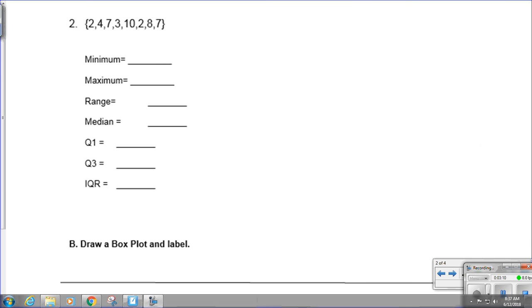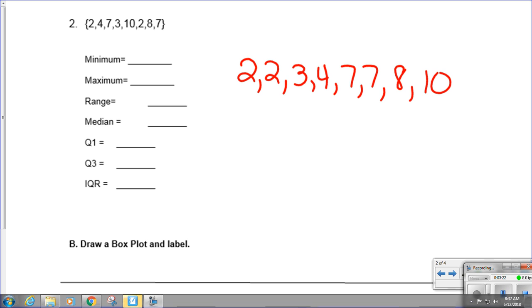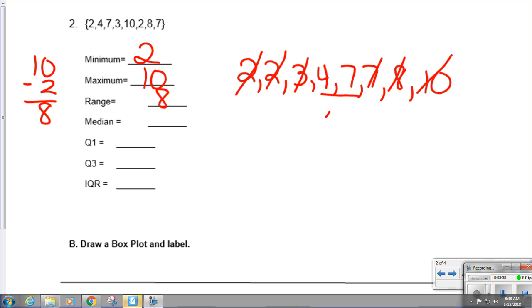The next question is doing exactly the same, just with a couple more data points. So in order from least to greatest, 2, 2, 3, 4, 7, 7, 8, 10. Minimum is 2, maximum is 10. Finding the range would be 10 minus 2, which is 8. And now I'm finding my median. I'm left with 2 numbers in the middle. I add and divide by 2.